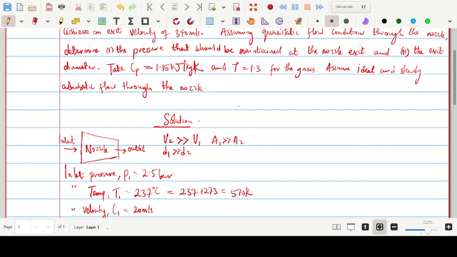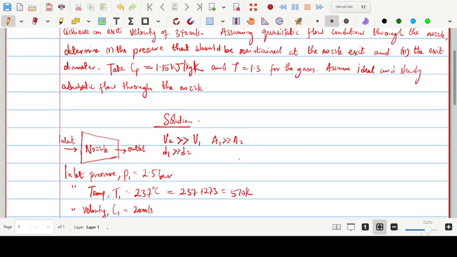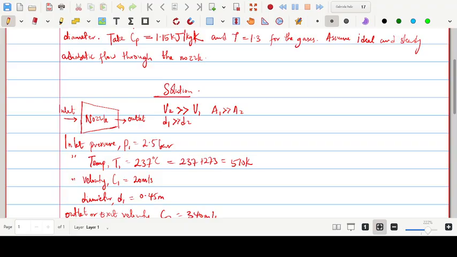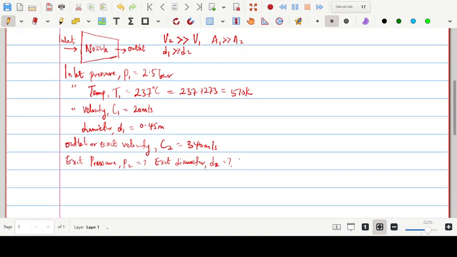We are now given some conditions. The condition is CP. Our CP is 1.15 kilojoules per kilogram per Kelvin.